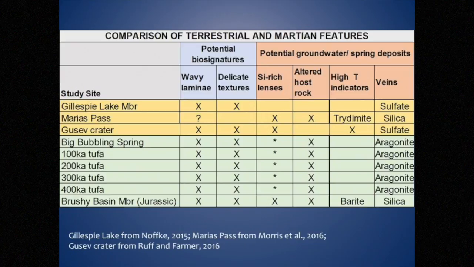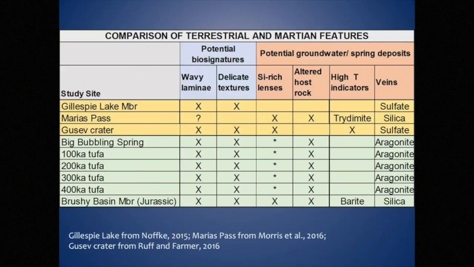And then just to reiterate, the big take-home message here is that these spring deposits have a lot in common with some of these deposits on Mars. And I realize we've driven past this. We might go revisit Gusev, though, with Mars 2020. That's on the table as a landing site.